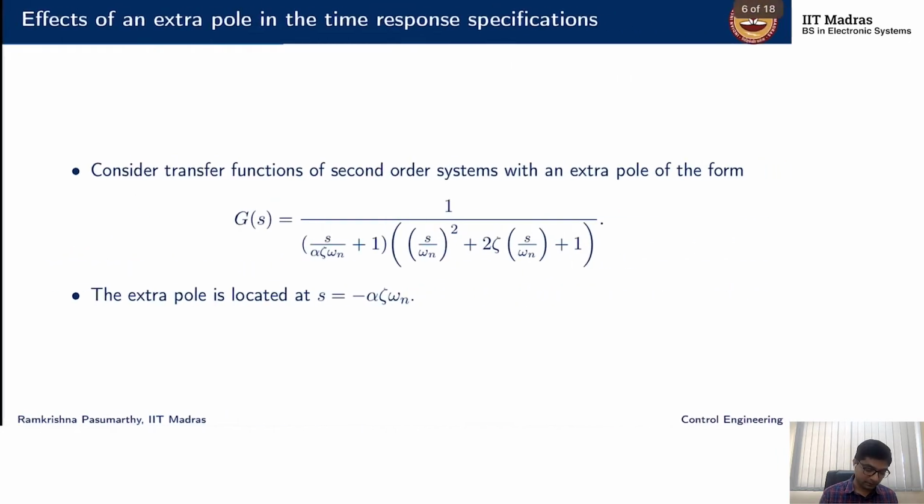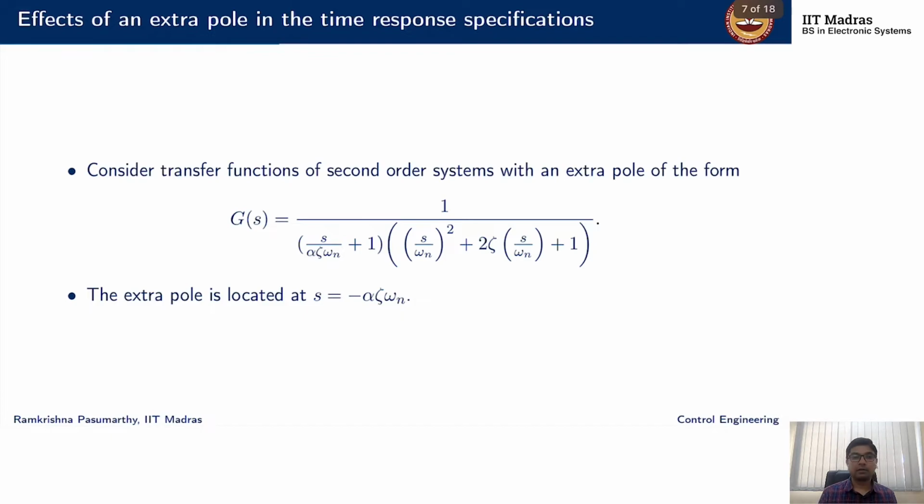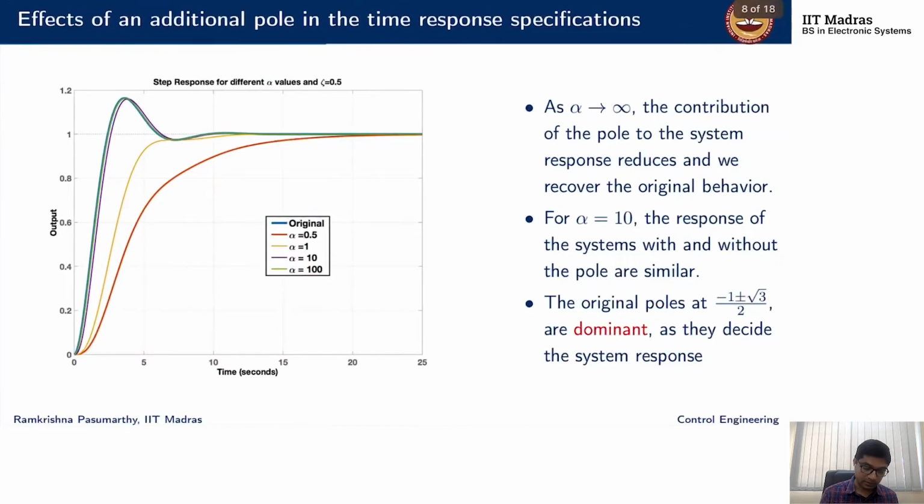I do the same thing and see what happens when I add an extra pole to a second order system. This is how my second order system looks. I just add an extra pole at s equal to minus alpha. Maybe somewhere here are my poles, and we'll see what happens for smaller values of alpha.